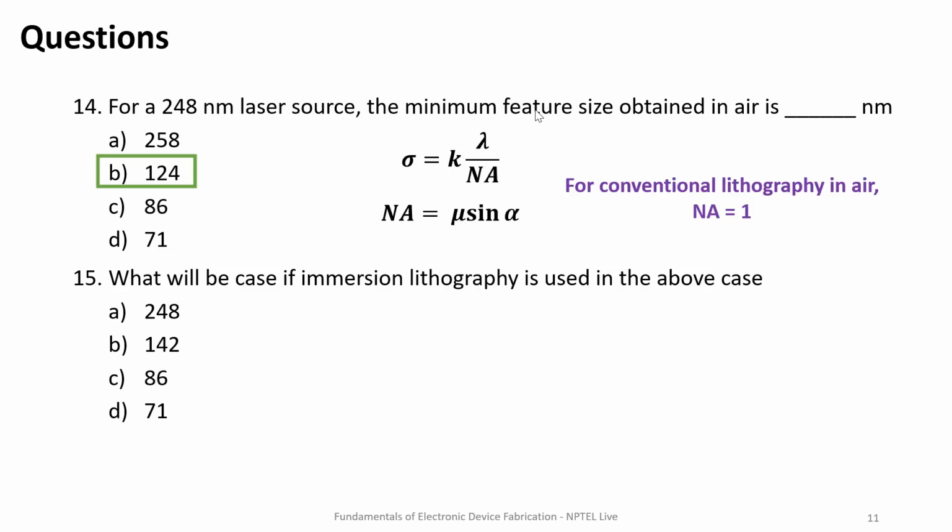So for conventional lithography in air, NA is equal to 1. Whenever we are using immersion lithography, the value of NA will change. It will go to a higher value, usually 1.44.